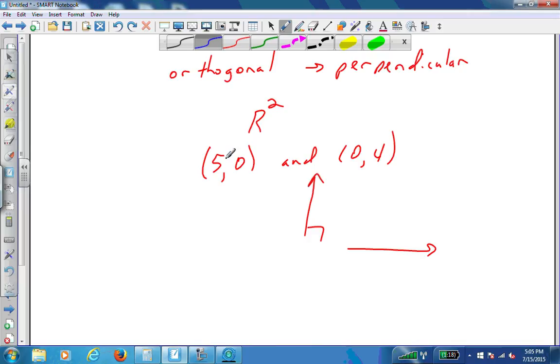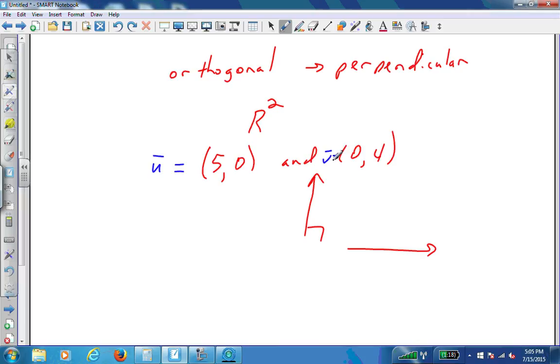So for this example, if we take the inner product of u and v, and we'll use the standard Euclidean inner product, also known as a dot product, then 5 times 0 plus 0 times 4, 0 plus 0 is 0.